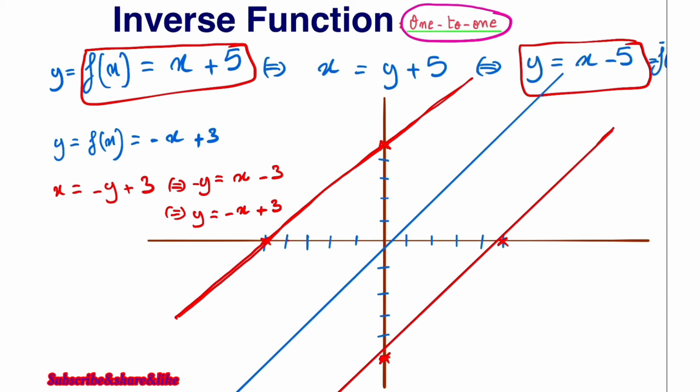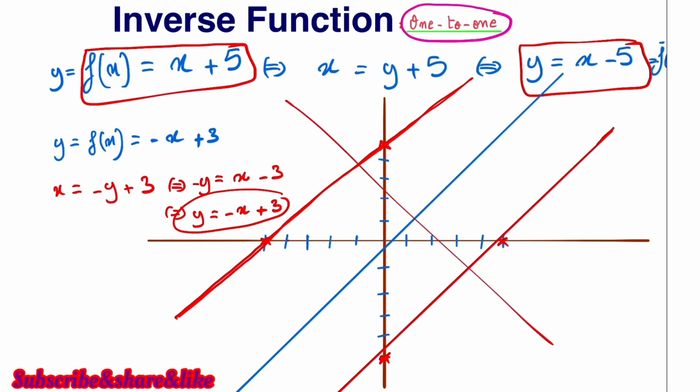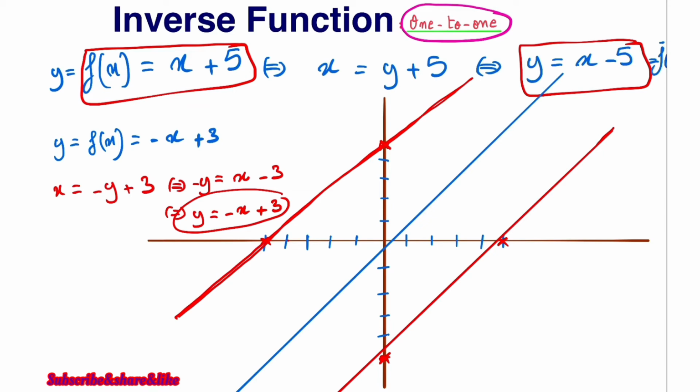So in this case the inverse function is the same line. Wow, it's interesting. Why? Because the line is going like this, and you see the symmetry here. So let's draw the line: when x equals 0, y is equal to 3, 1, 2, 3, and when x equals 3, y is 0, going from here.